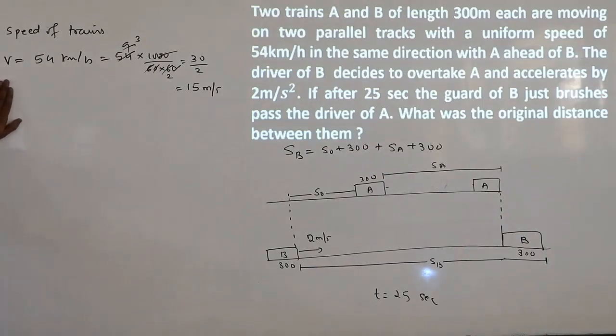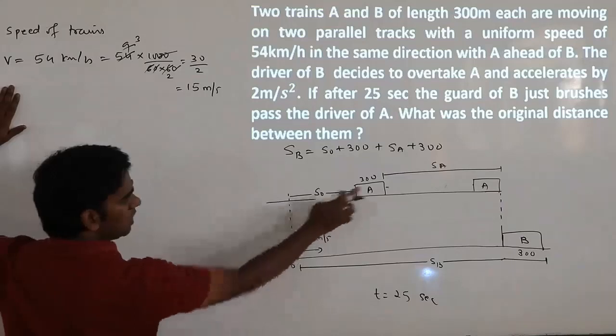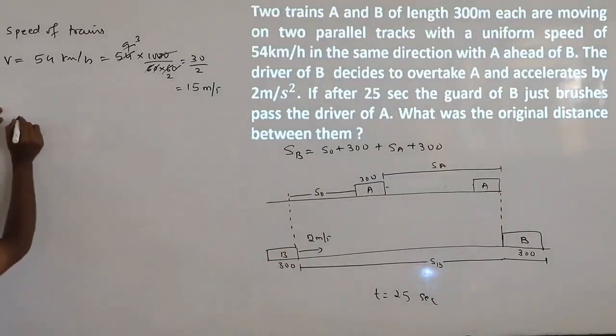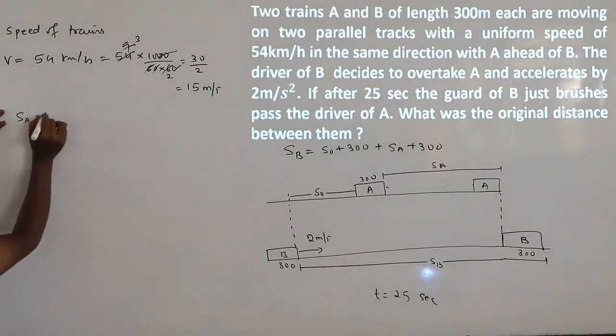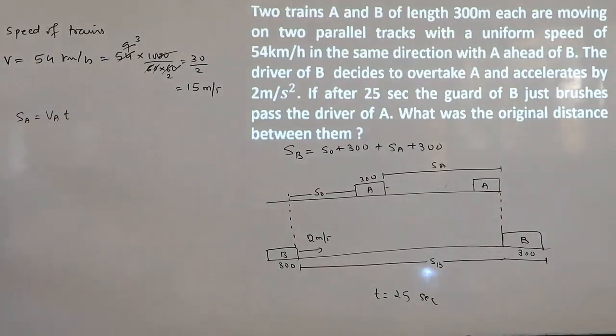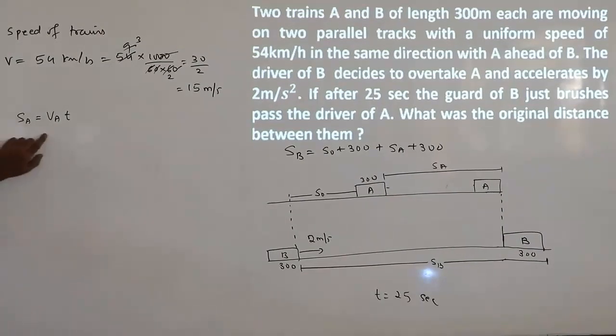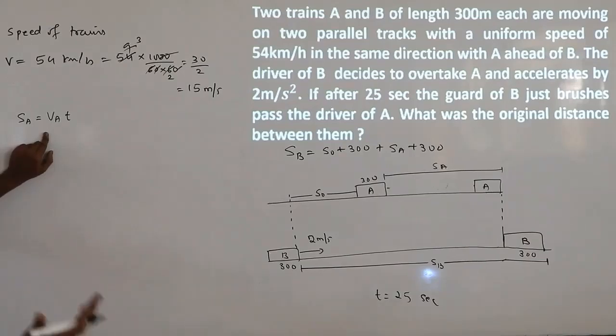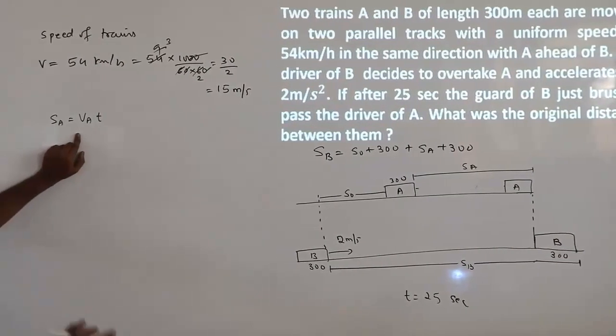15 meter per second is the velocity of the trains. Now first to calculate S naught, we don't know it. SA you can calculate as VA into time taken, because velocity is distance divided by time. It is not accelerating, it is moving with constant velocity, that is why you can use this formula. Otherwise you have to use the acceleration equation, V equals U plus AT.